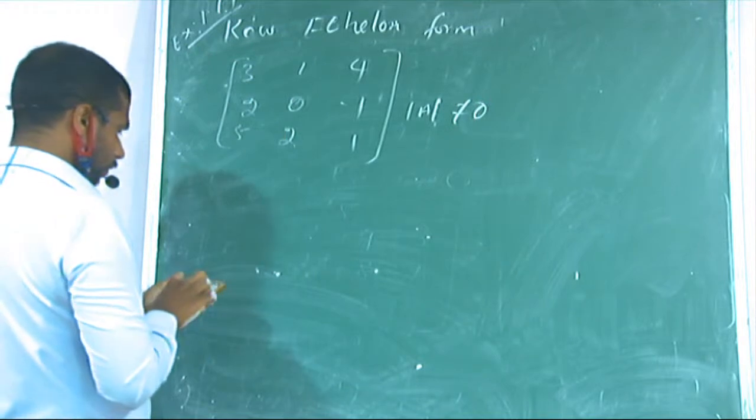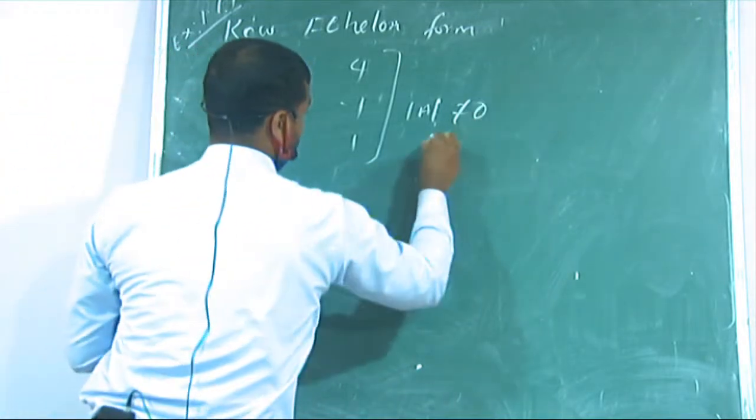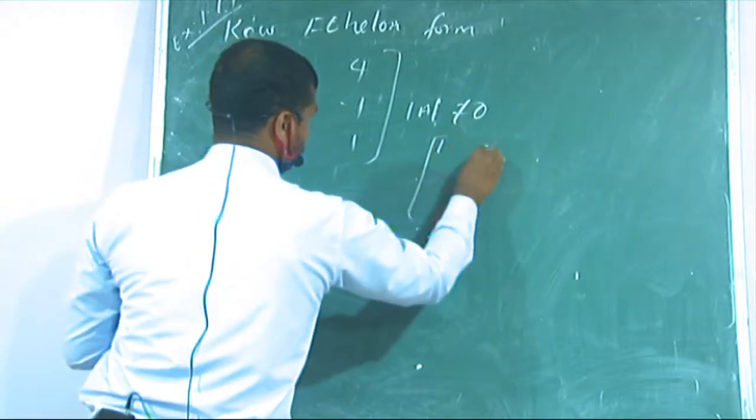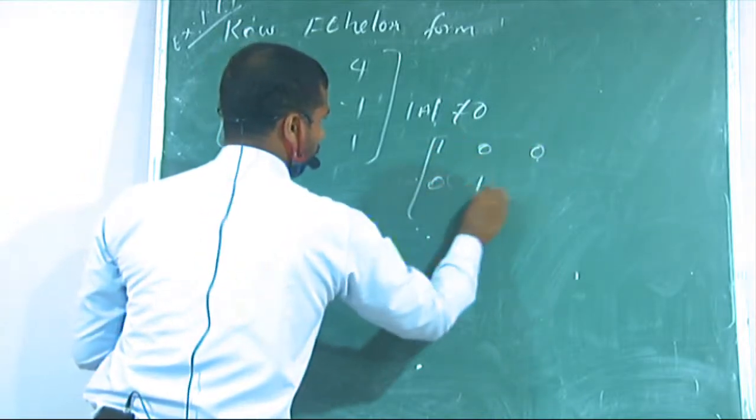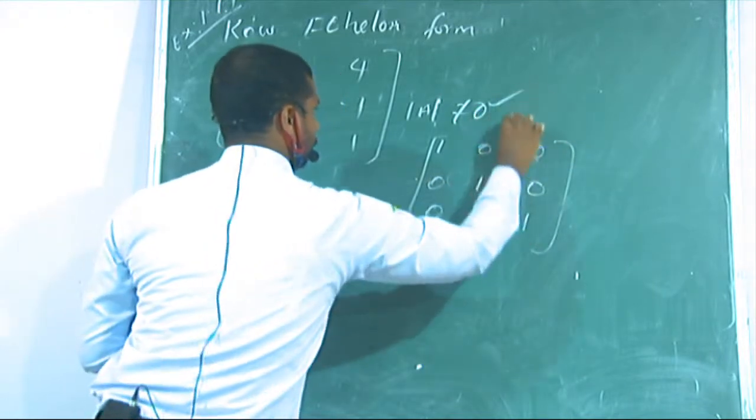Then what we have to do? Reduce it to the identity matrix. You know what is the meaning of identity matrix: 1, 0, 0, then 0, 1, 0, then 0, 0, 1. We have to show the two conditions.